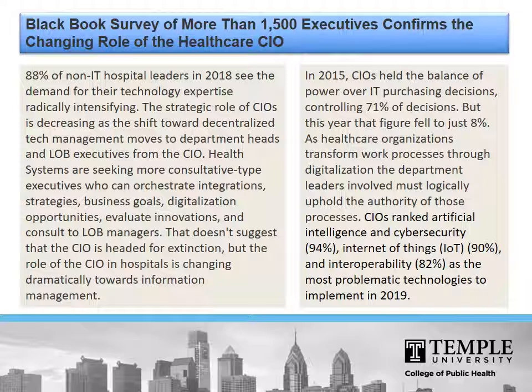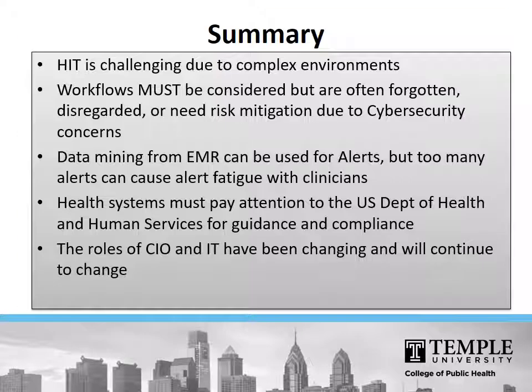As healthcare organizations transform work processes through digitalization, the department leaders involved must logically uphold the authority of those processes. CIOs ranked artificial intelligence and cyber security 94%, Internet of Things 90%, and interoperability 82% as the most problematic technologies to implement in 2019. So think back a few slides when we talked about complicated and complex workflows in healthcare.